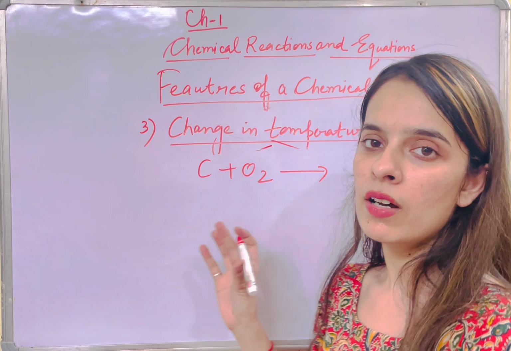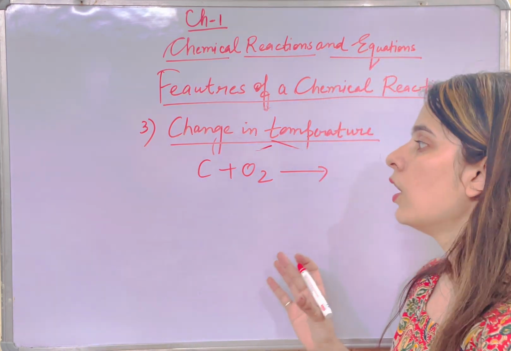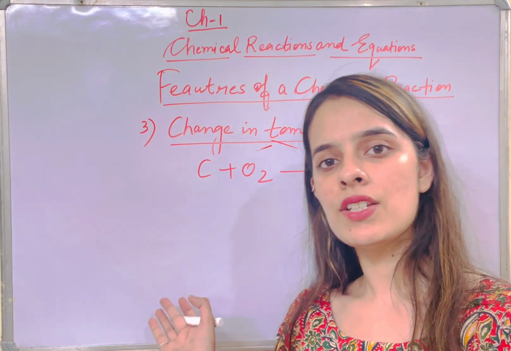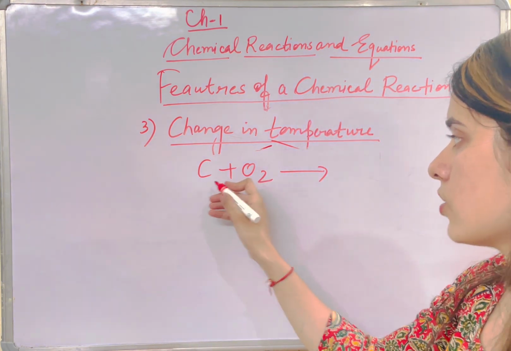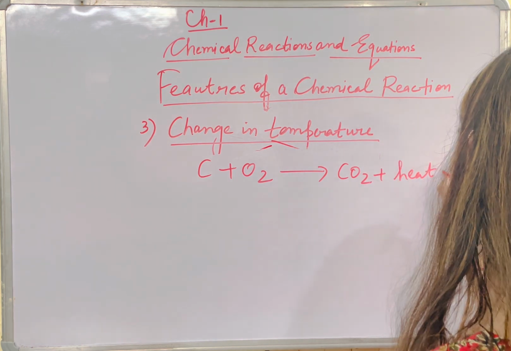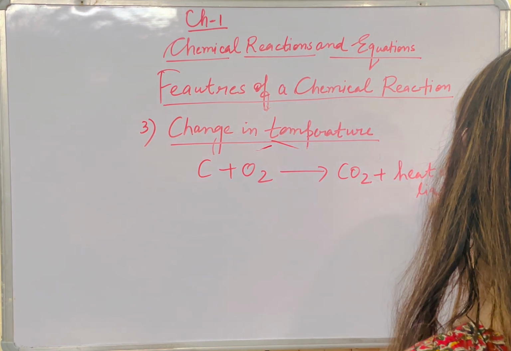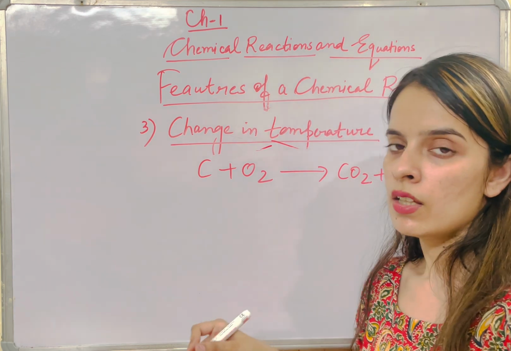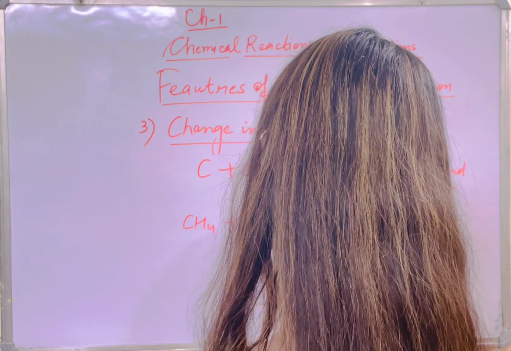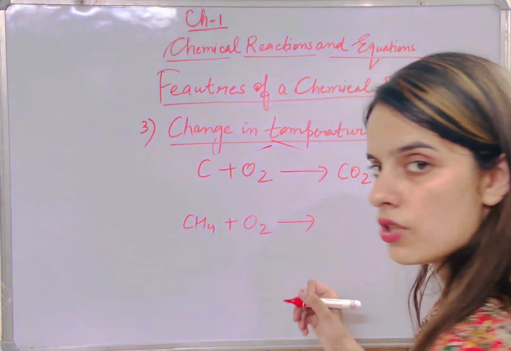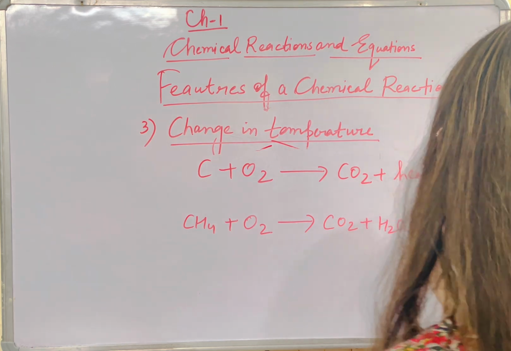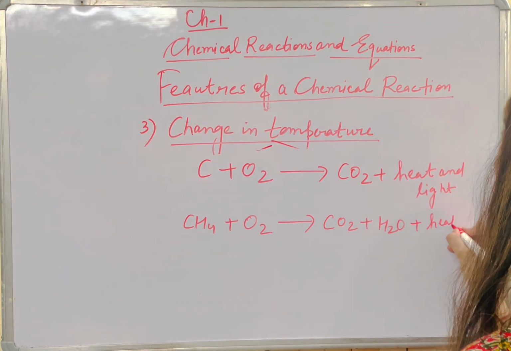Combustion means the burning of carbon in the presence of oxygen to form heat and light. So in this reaction, CO2 is formed along with heat and light. Similarly, methane. When methane is burned in the presence of oxygen, then CO2, water, heat and light is formed.